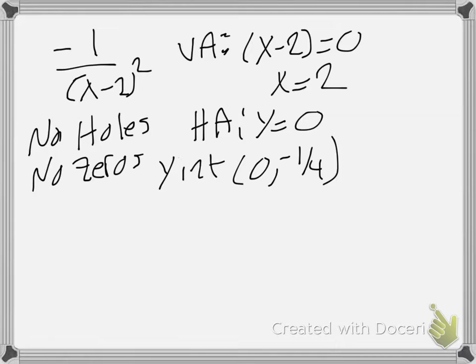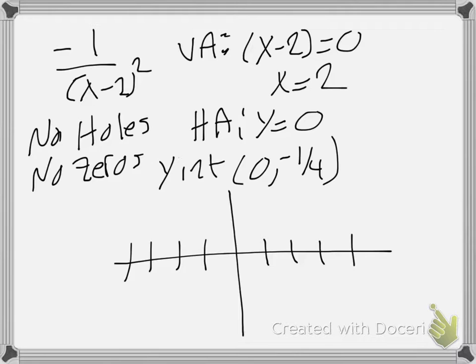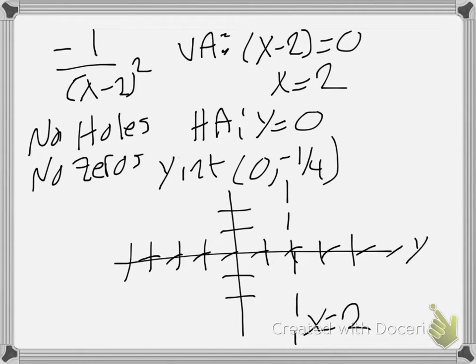All right. Now we graph it. All right, so I've got my asymptote here at x equals 2. Please write the equation. I have another asymptote on my x-axis, so I have y equals 0. Okay, I have the point 0 comma negative 1/4.